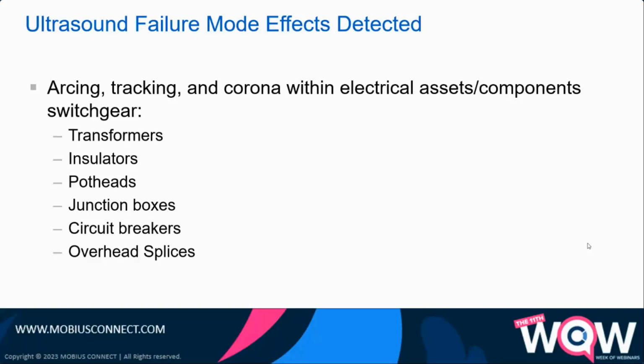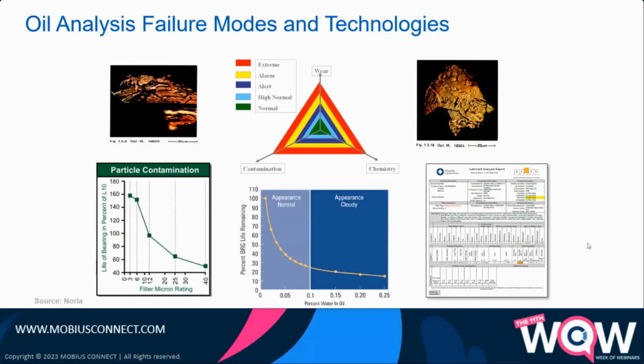And of course, those are major contributors to potential of arc flash when you open the panel doors, right? So significant contributor to improved safety performance and reduction of human injuries and even potentially fatalities. But it's able to identify these defects across a multitude of electrical components. Next slide.